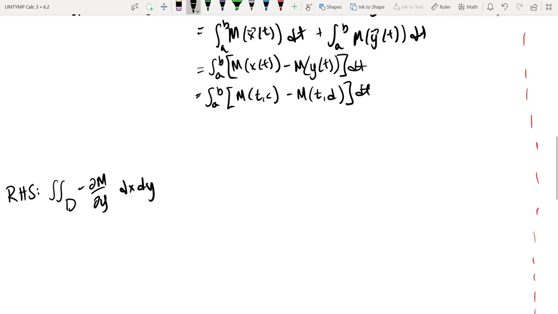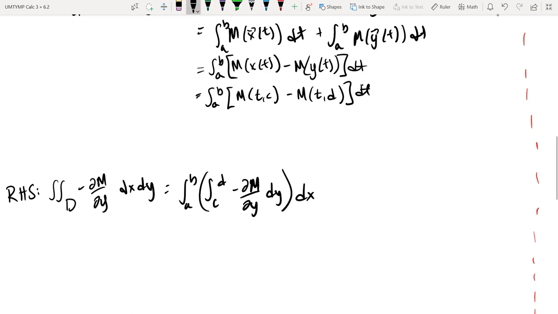Okay, and again, if I look at expanding this, this is going to be from a to b, c to d, and this is going to be minus partial of M with respect to y, and then these are going to be the y boundaries. I'll put that in parentheses just for added clarity, and then dy dx.